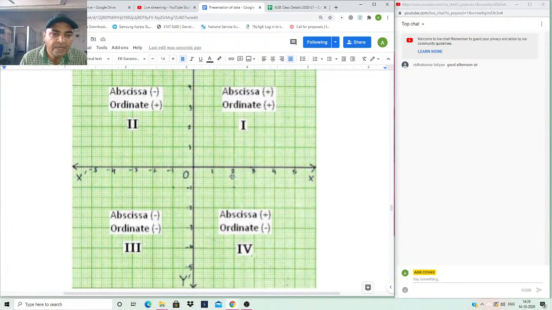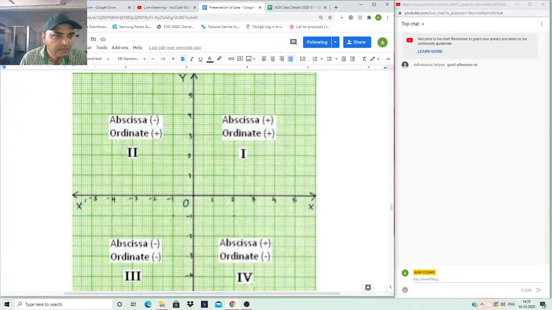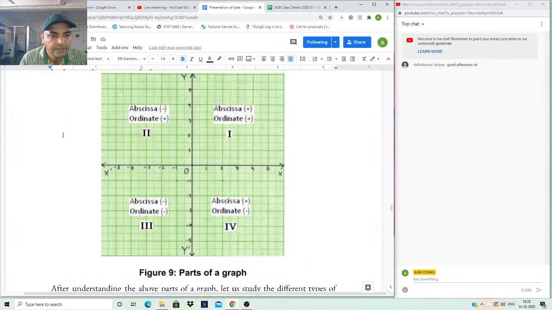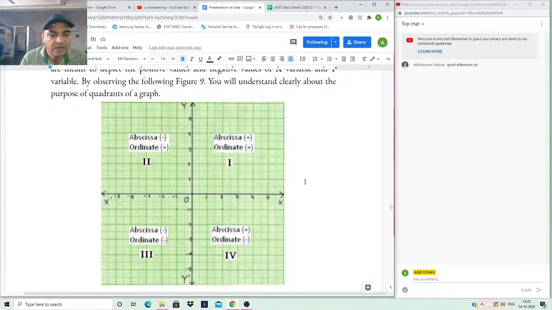You can see that there are four quadrants, and the abscissa is the y-axis and the ordinate is the x-axis. In the first quadrant, both are positive; in the second quadrant, the abscissa is negative and the ordinate is positive; in the third, both are negative; and in the fourth, the abscissa is positive and the ordinate is negative. So these are the parts of the graph.